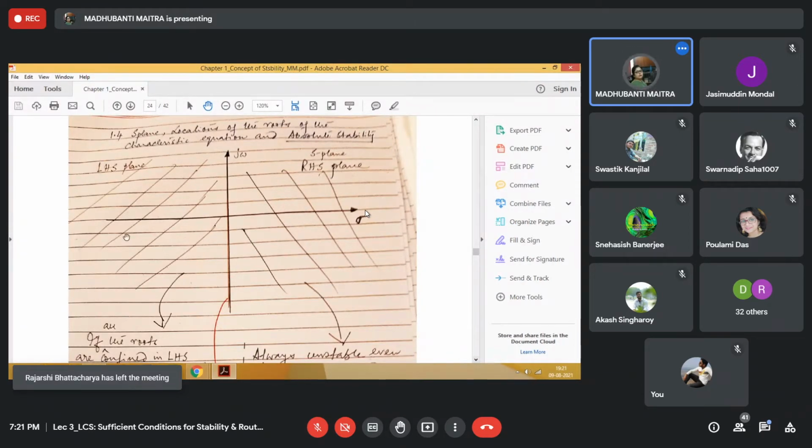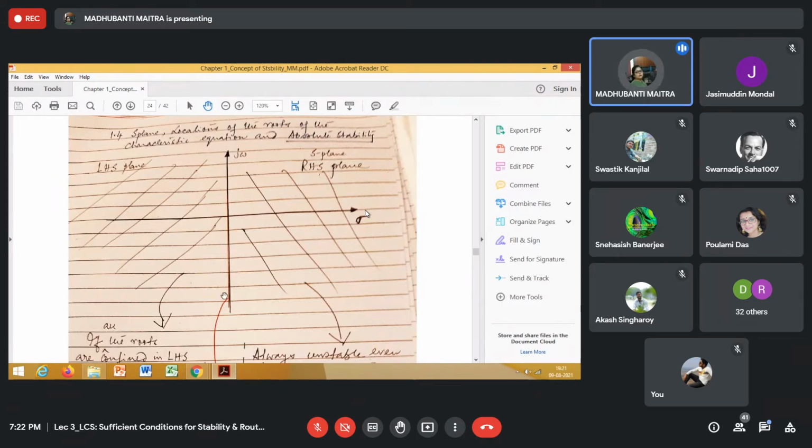So if all the closed loop poles of a system are confined in the left half of the S-plane, and left half means we are not considering the imaginary axis. Right half, again, we are not considering the imaginary axis. The imaginary axis actually separates these two halves. So left half means this left half of the S-plane excluding the imaginary axis.